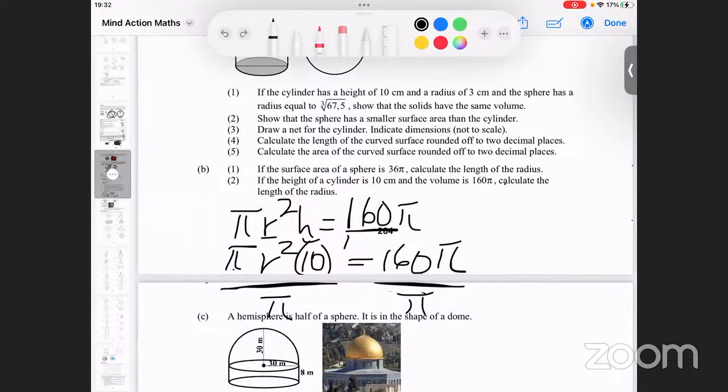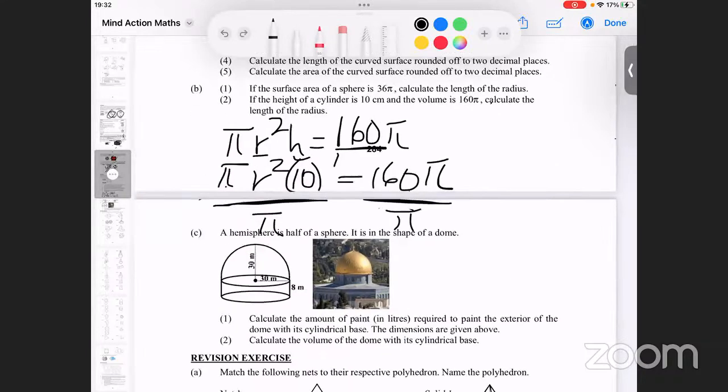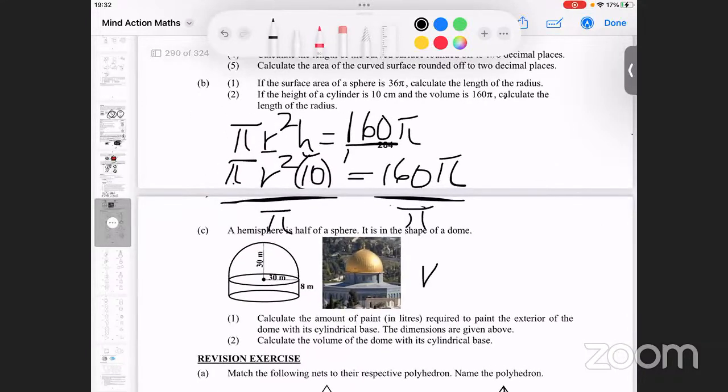Ma'am, I think we get r squared open brackets 10 close brackets equals 160. R squared into 10 equals 160. Okay. Yes, ma'am. So this will cancel, this one will be cancelled by that.